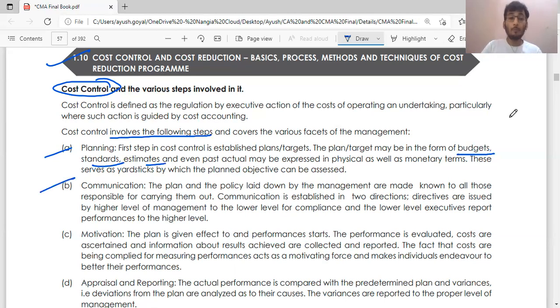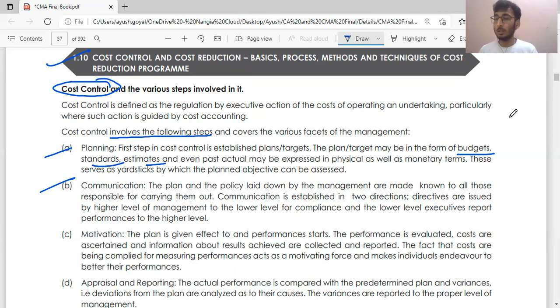The second step would be communication. Now you have set up the targets, but you as a senior manager are not wholly responsible for cutting the cost. It would be the department head, the supervisors, or the particular project head who would be responsible for implementing that cost target.